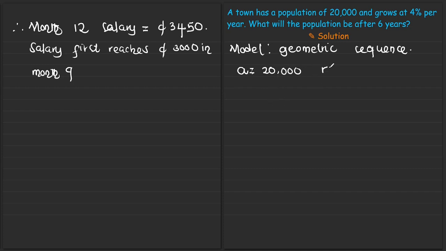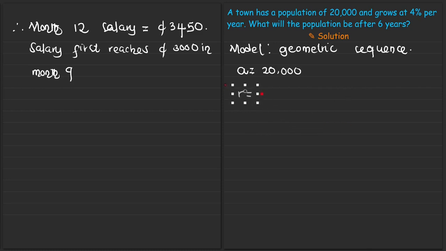And it is growing at a rate of 4%. Now this 4% here, we would need to change into our r. For this r, it is also another term that we'll need to discuss.